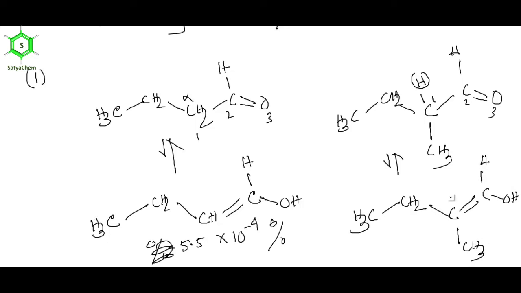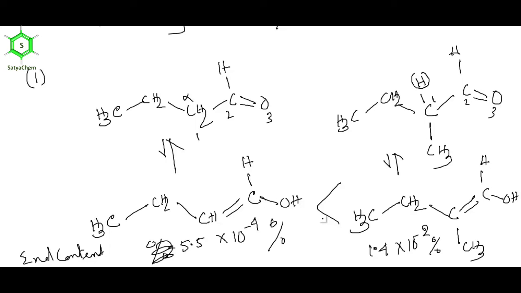Now the percentage of enol content here is 1.4 into 10 to the power minus 2. This is the percentage. So it is clear that here the enol content is larger than the first example. Clear? Now obviously, why is it happening?